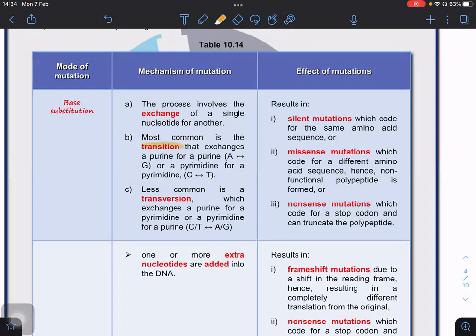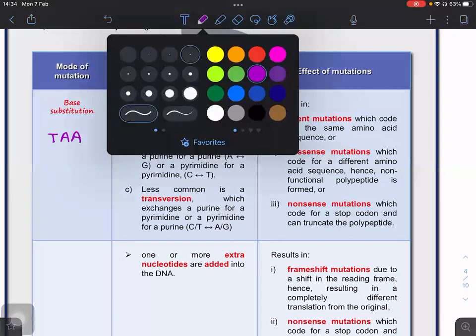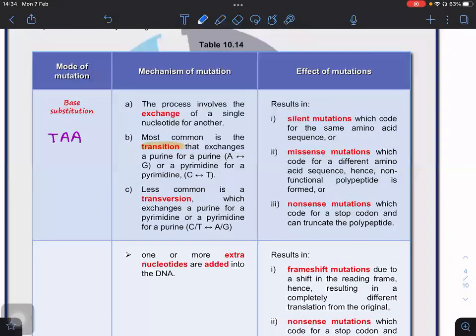Transitions, basically, we exchange purine for purine. Now, what does this mean? Let's say, for example, we have T, A. By right, it should be T, now you add the A, and by right it should be A, for example, ATT, the complementary strands. The DNA polymerase, but instead of adding A, now it adds G. Can you see that?